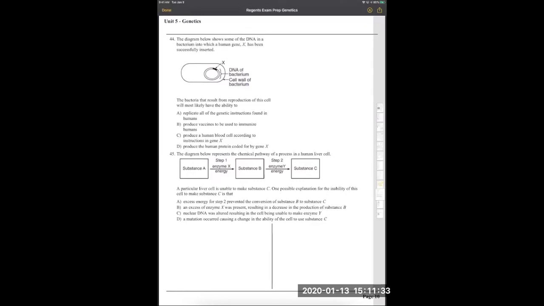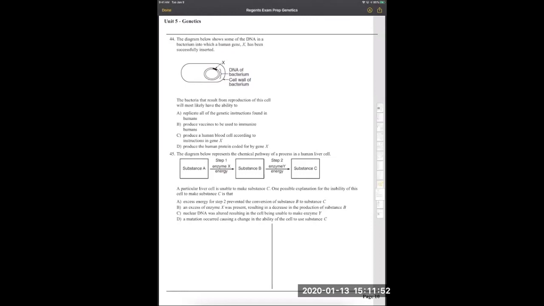D, produce the human protein coded for by gene X. I think that is our winner. Again, I don't understand A, B, C so much because they're kind of irrelevant.